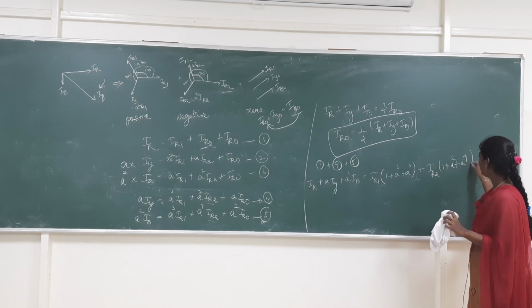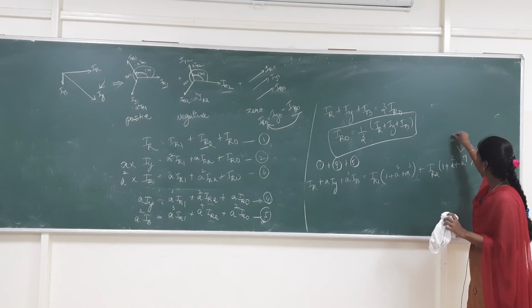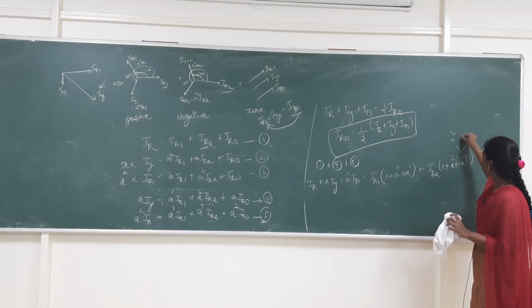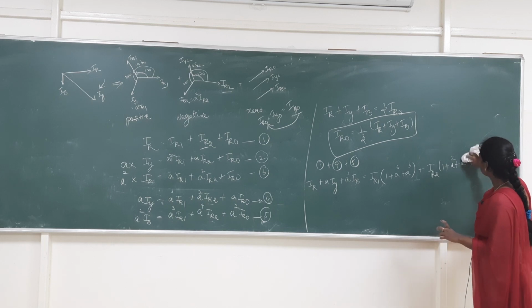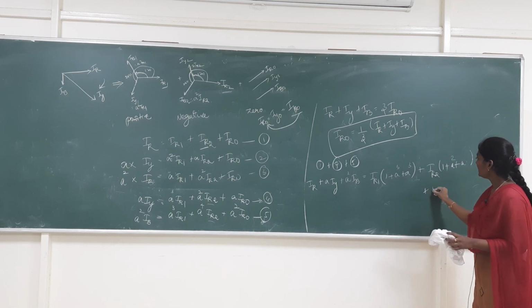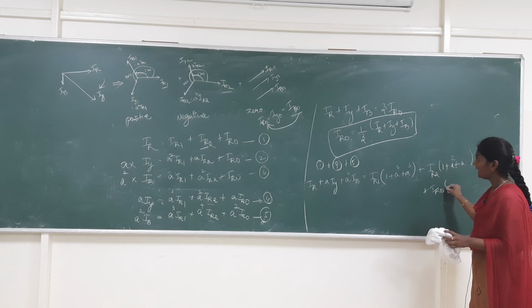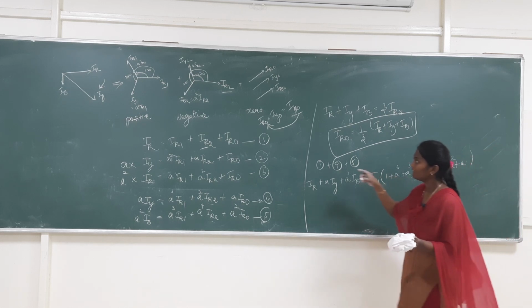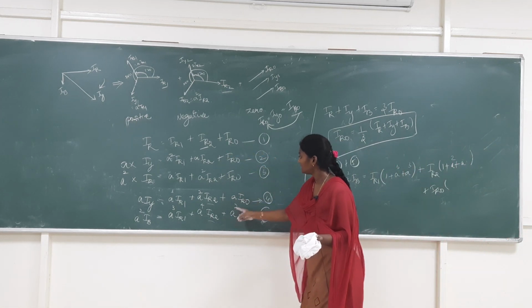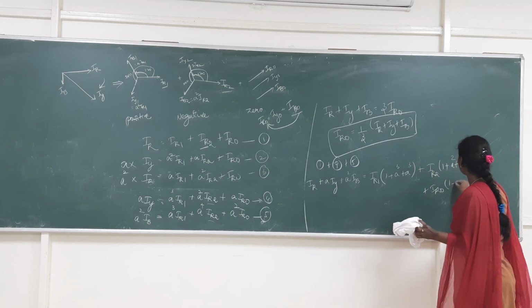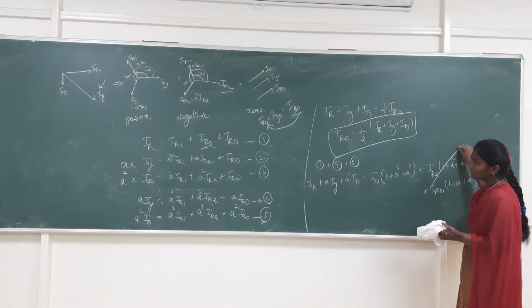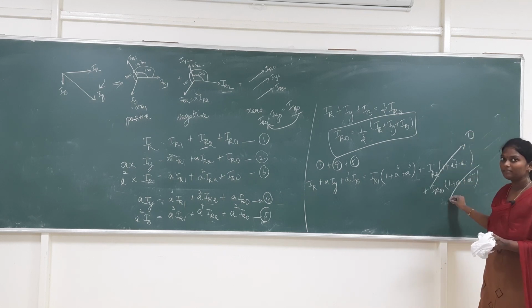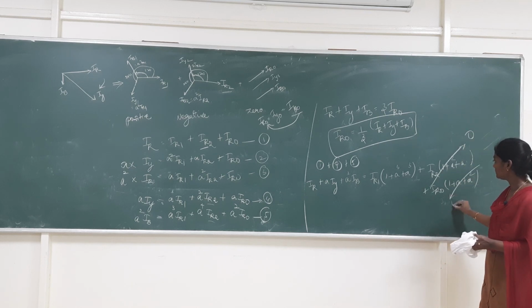A power 4 I am writing as A cube into A cube, leaving A only. Plus IR naught, taking common, 1 plus A square. 1 plus A square is 0.